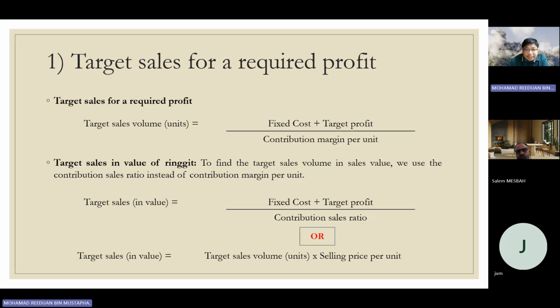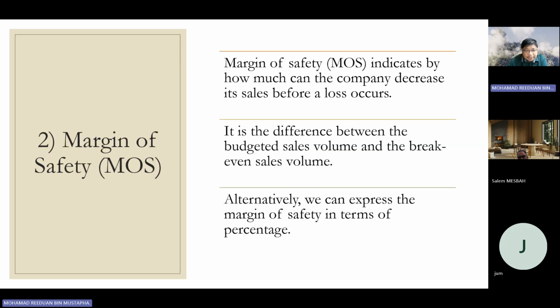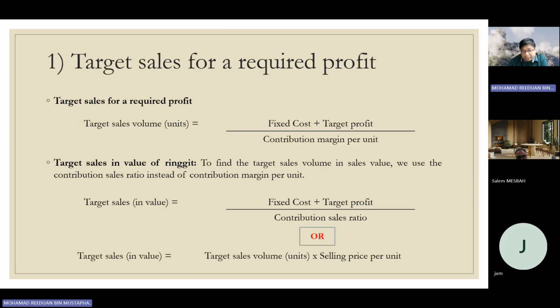So target sales is the value in ringgit or dollars. To find the target sales volume in sales value, we must use the contribution sales ratio instead of the contribution margin per unit. So the target sales in value is fixed cost plus target profit divided by the contribution sales ratio.